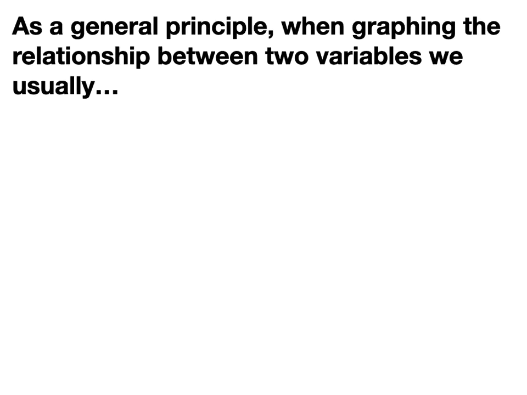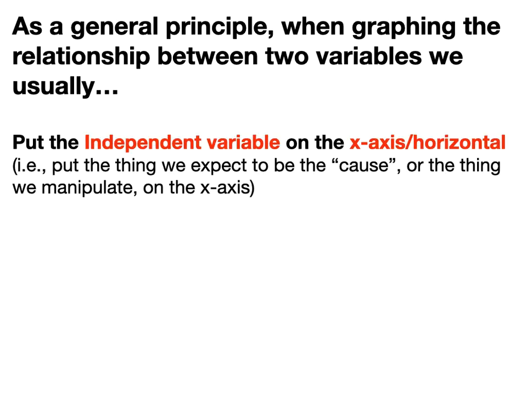Okay, so as a general principle, whenever we're graphing the relationship between two variables, we usually want to put the independent variable on the x-axis. That's the thing that we expect to cause something else. Or in an experiment, it's the thing that we manipulate, right? If we're giving people a dose of a drug, and we've got different dose categories, if we're manipulating that dose, that's our x variable.